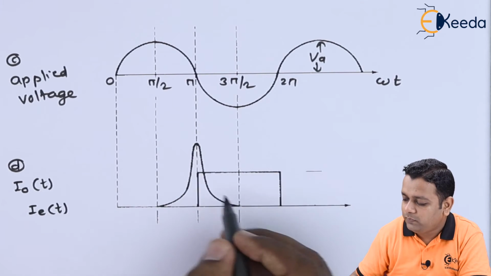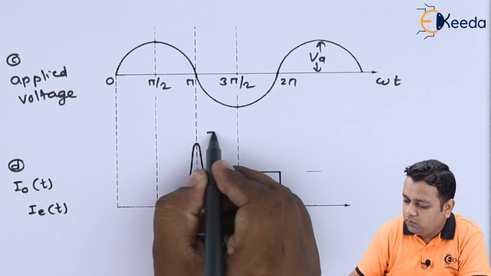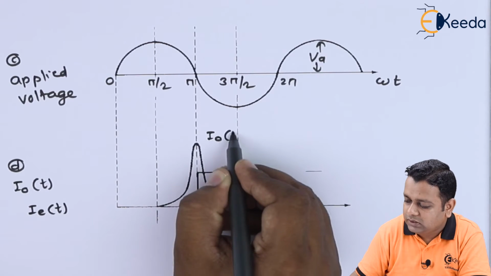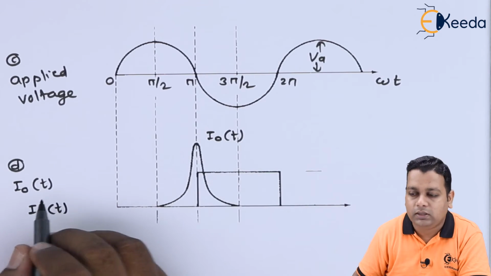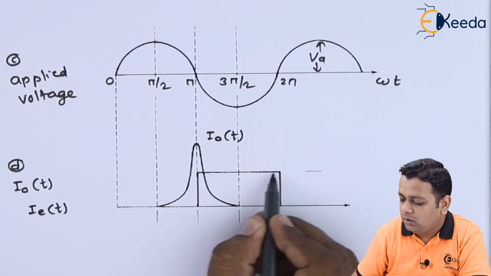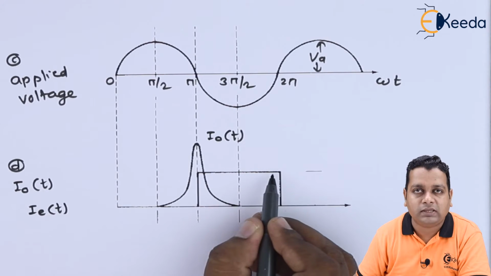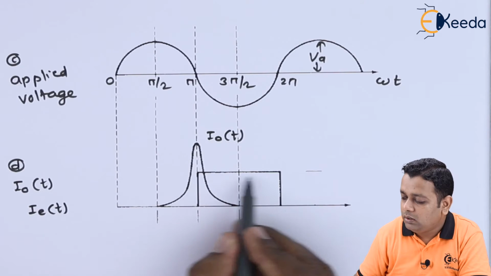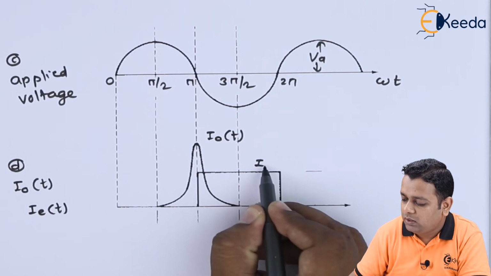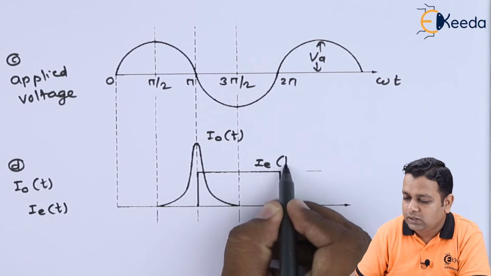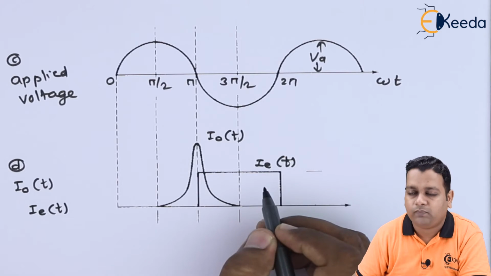At the maximum peak we represent I suffix 0 as a function of t, and whatever the normal value as a constant we see throughout the drift region, we have represented as I suffix e as a function of t here.